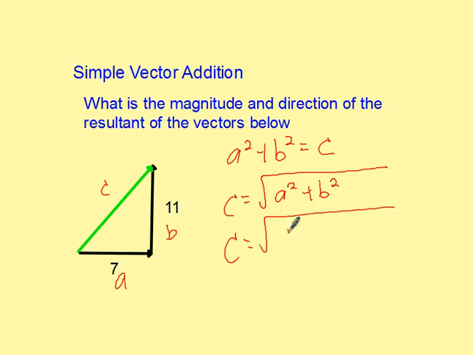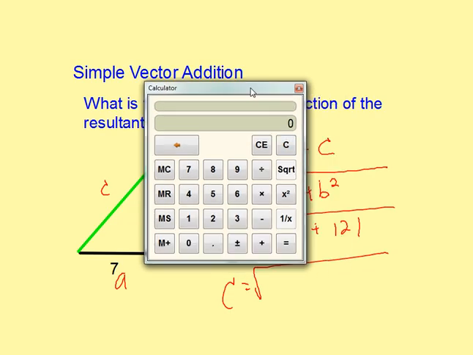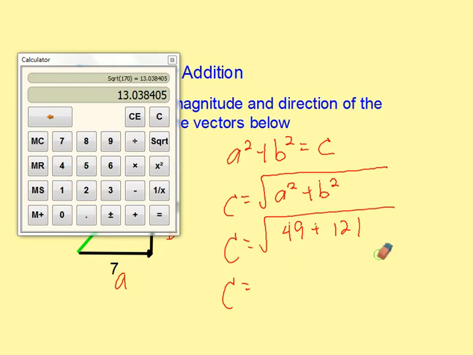So C equals the square root. 7 times 7 is 49, and 11 times 11 is 121. So C is going to equal the square root of, and I'm not good enough to do that in my head, so let me grab a calculator here. Math tools, calculator, there we go. 49 plus 121, if I take the square root of that, C is equal to 13.03 whatevers.